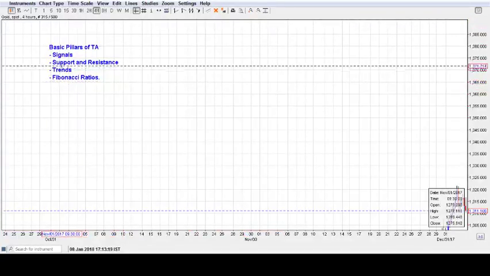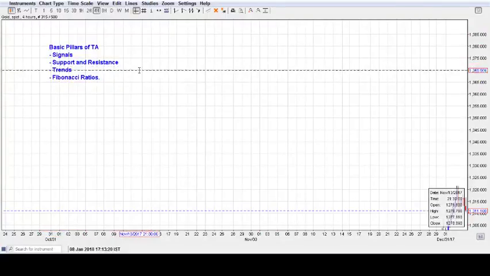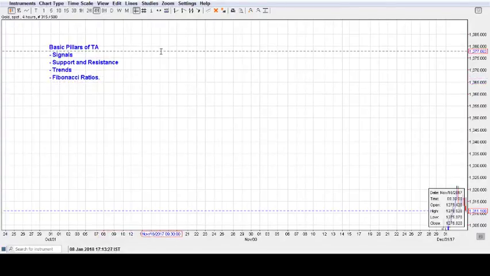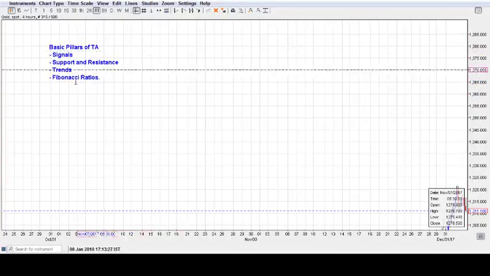And then past support has got potential to become future resistance. Past resistance has got the potential to become future support and stuff like that.